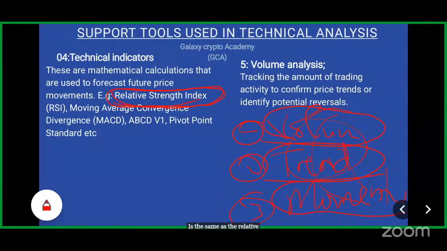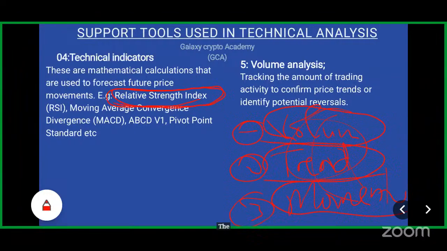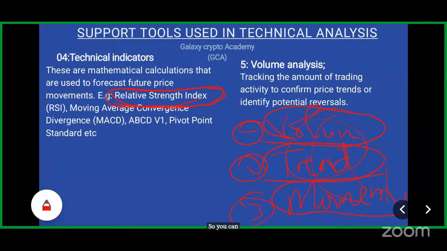So the way you can use the relative strength index is the same way you use the stochastic relative strength index. The difference comes in their name and in identifying some zones. Okay, that's where the difference comes in, but the mode of operation is the same. So you can base on the two to give you whatever picture you want to have.